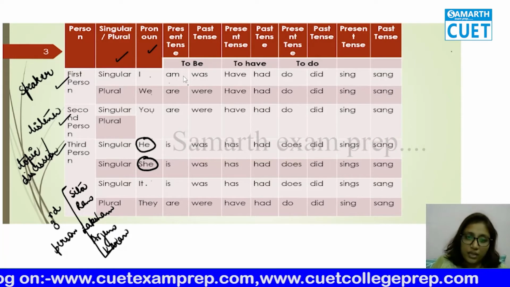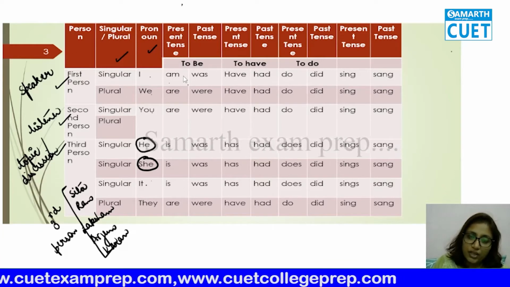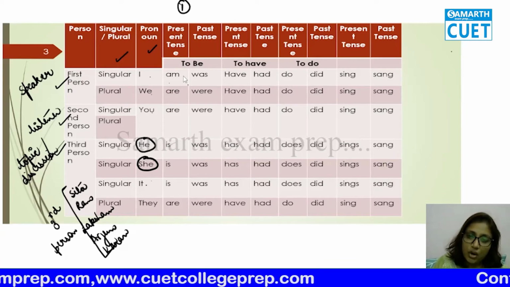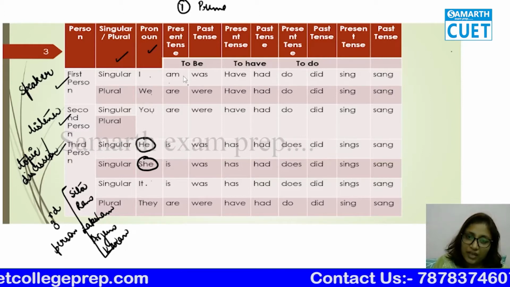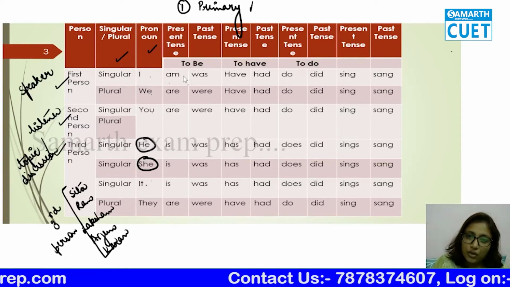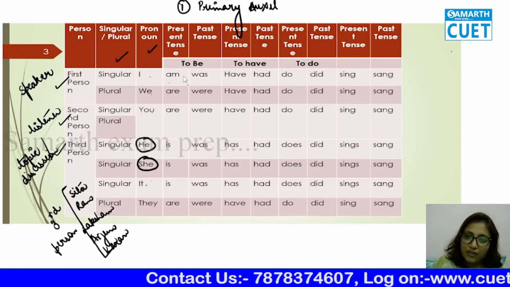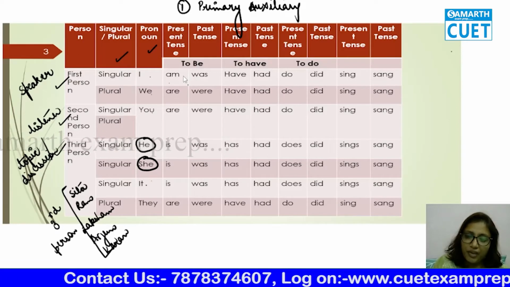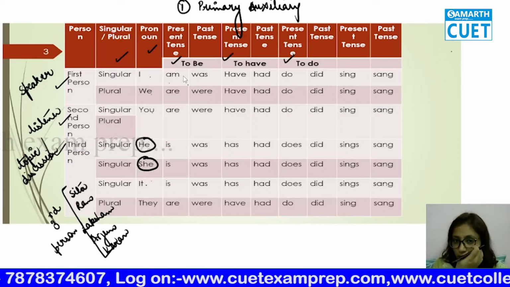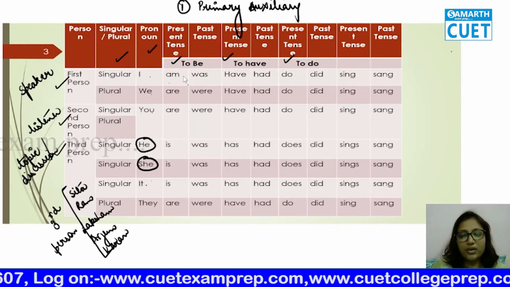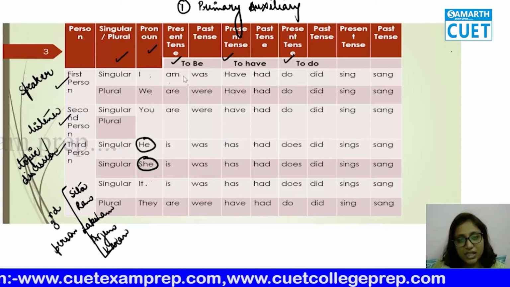Okay, so let's discuss which pronoun or noun is going to take which helping verb. Like I told you, we have already discussed auxiliary verbs, and we were going through primary auxiliary verbs: to be, to have, and to do. Now I'm going to tell you how we are going to use them and which tense we are going to use.